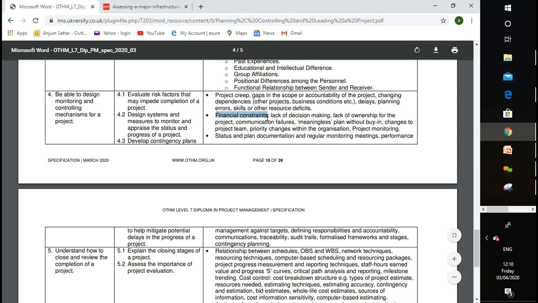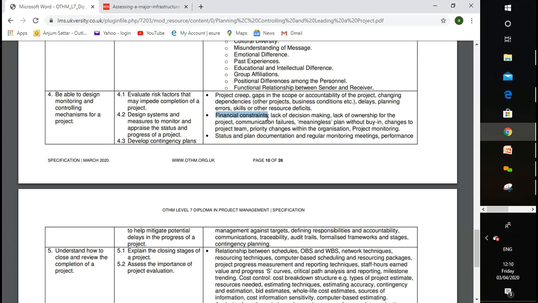Financial constraint means limitation. We have the 3 M's: men, money, and material. We require them in any project, and they can be a constraint or a limitation. Lack of decision making: decision making means selecting the best course of action from various options. Decision making is very important, which we'll go through.